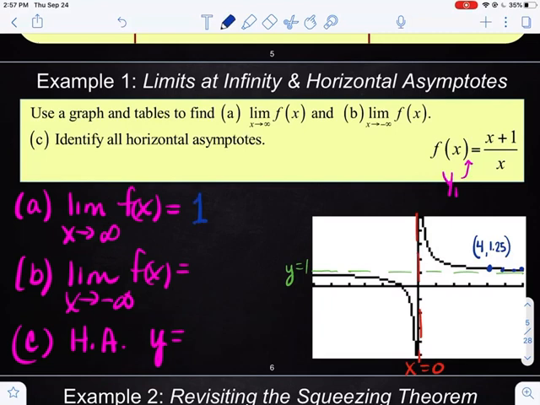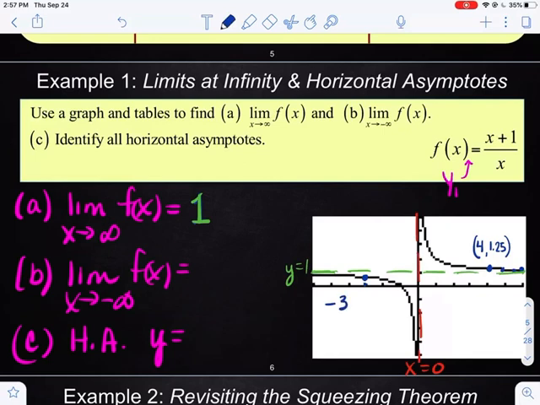Can I put that in here? Let me get a better color. So I'm going to say that it's 1. Okay, so the limit as x approaches infinity is 1. And I'm going to say the same thing over here, but let's just try a point. Let's say -3 right here.